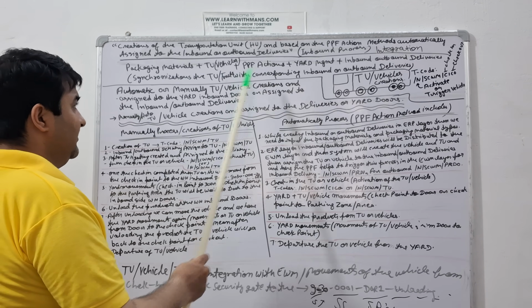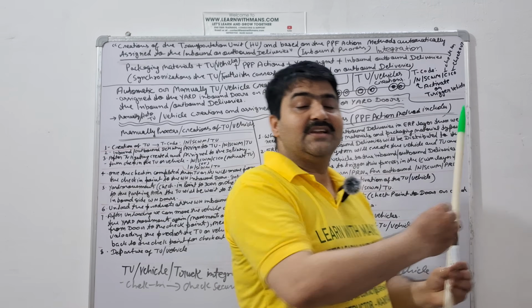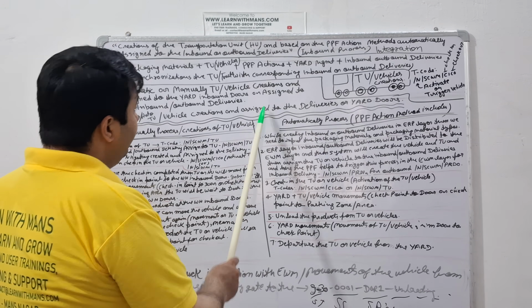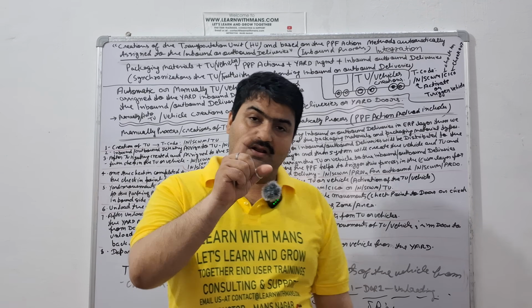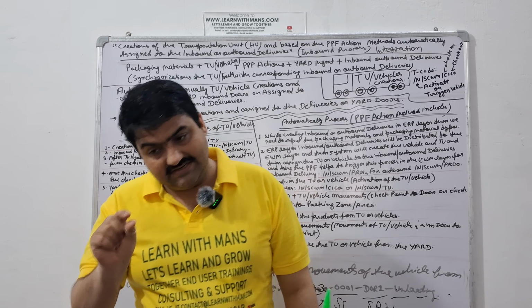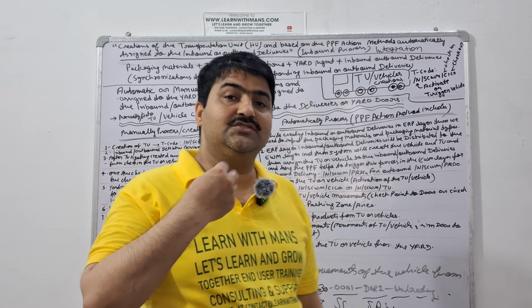Vehicle creation, custom truck creation, because trucks need to move inside the yard premises. Then after, how we link the custom truck with our delivery, because when we link them, the system will come to know this is a custom truck, this is the delivery, and the inbound or outbound needs to be triggered together, to be processed together.